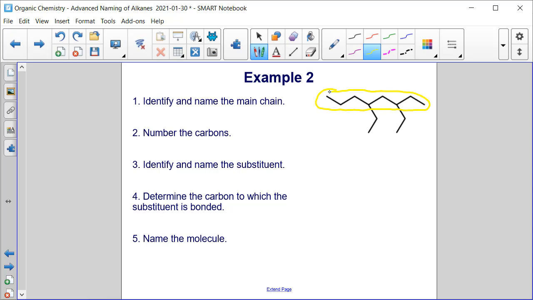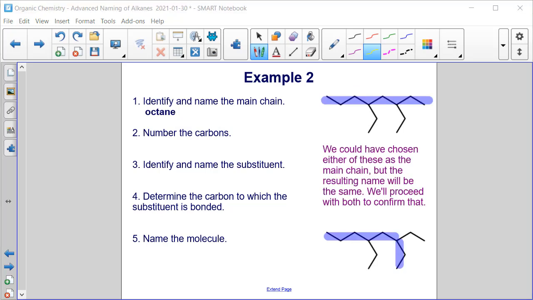I'm just going to pick that one. I could have also circled this direction instead, and I would have gotten the same molecule. I'm just picking the one that's straight left to right because it's a little easier to see the branches. And so 8 carbons is octane.